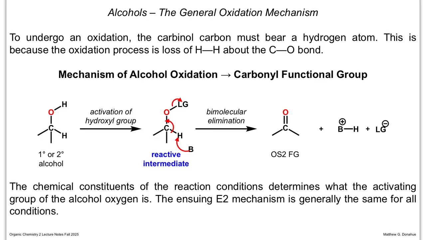We won't run through the exact mechanisms of those reagents, other than what I'm showing you on the screen here, which is that an oxidation arises from an E2 process. So if we remember from Organic 1, E2 is bimolecular elimination.